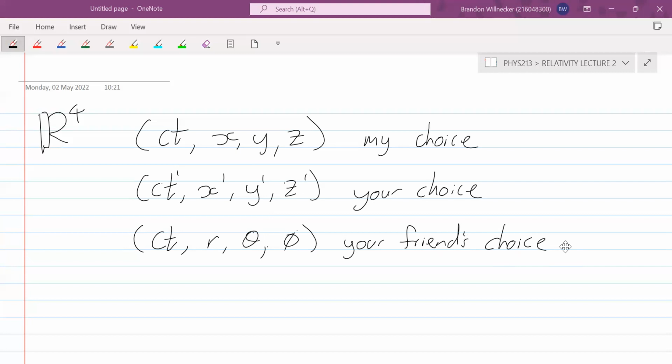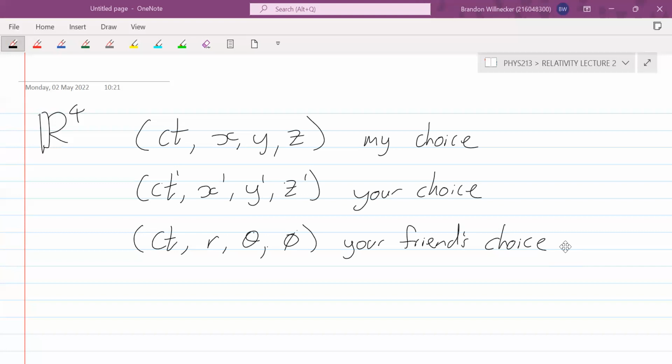Of course, we can go to polar coordinates or spherical coordinates. As long as you know how to go from one coordinate system to another, then everything is fine. We will look at that later on. We'll look at a very special set of transformations to go from one Cartesian type coordinate system to another, the so-called Lorentz transformations.